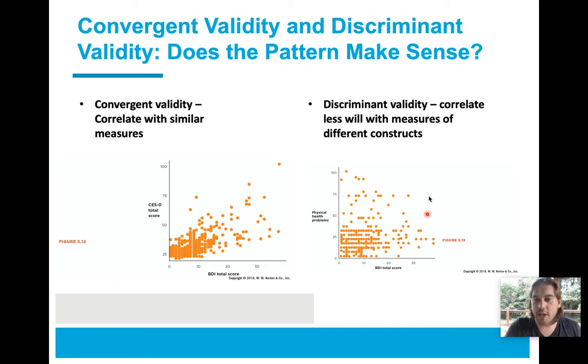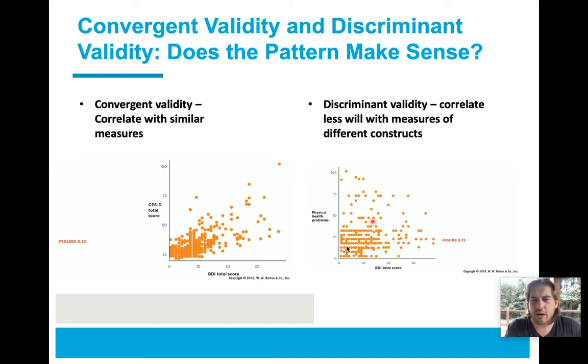And so we would expect something like this, which is a much weaker correlation. Right? The pattern is not as obvious. Instead of a strong positive correlation, like we have with a second measure of depression, we have a weak positive correlation. Now, in maybe perfect discriminant validity, you would have zero correlation, right? That would make sense. But we have some positive correlation, probably because physical health problems are a potential component of depression. The more health problems you have, the more likely you are to be depressed.